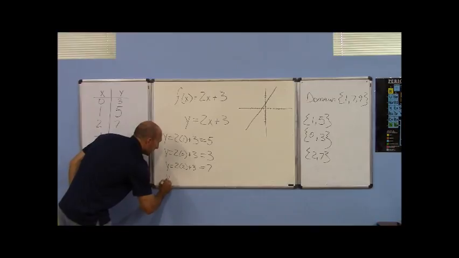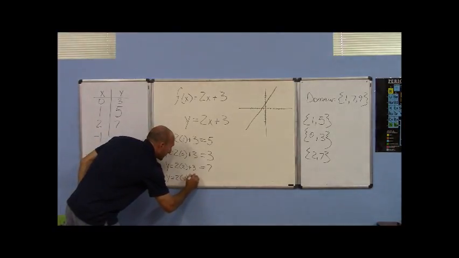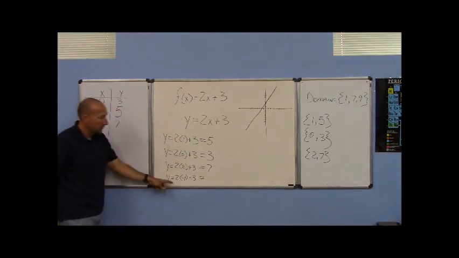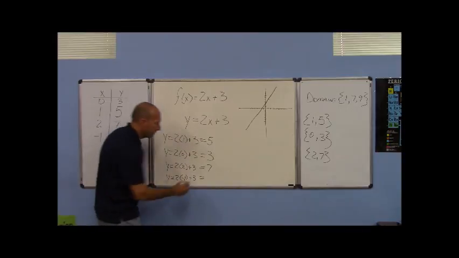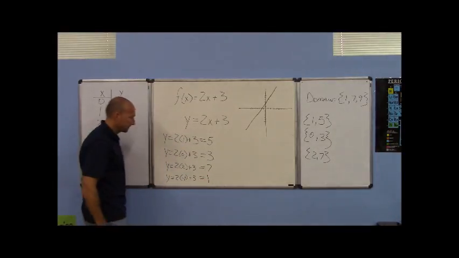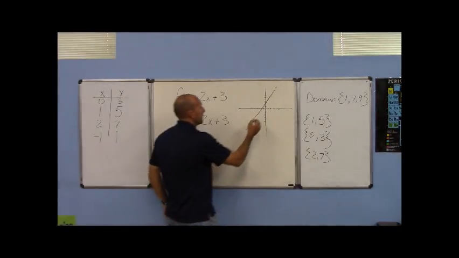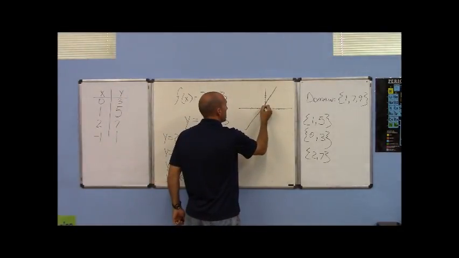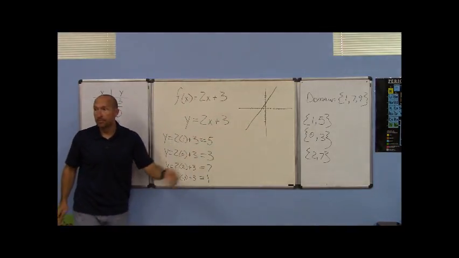So y equals 2 times -1 plus 3, which is -2 plus 3, which just gives us 1. So we have -1 for x and 1 for y. Well, it still lands on that same line.